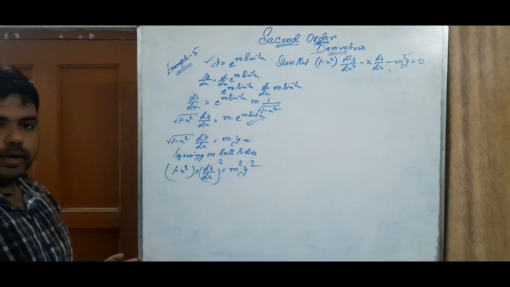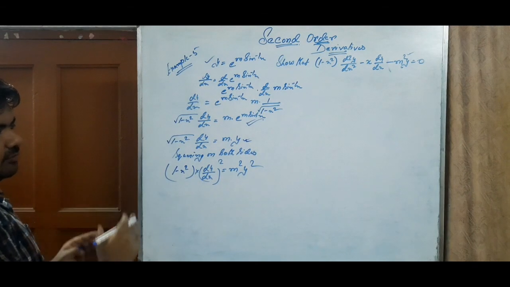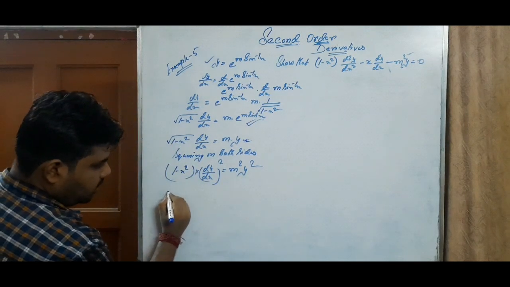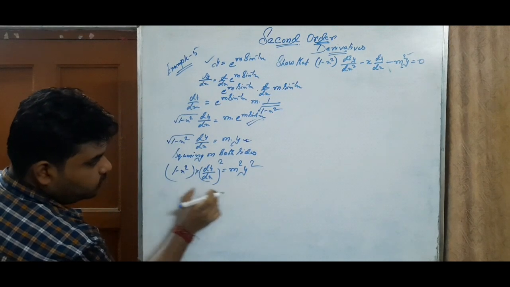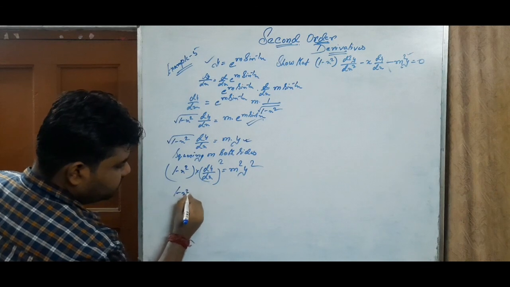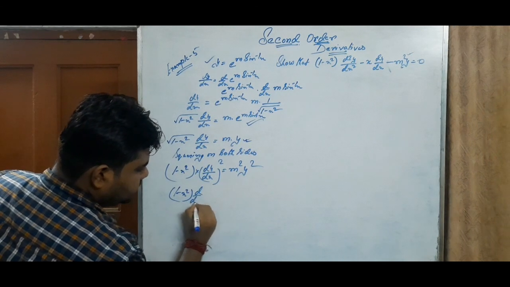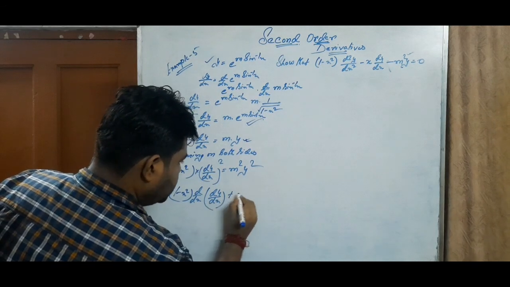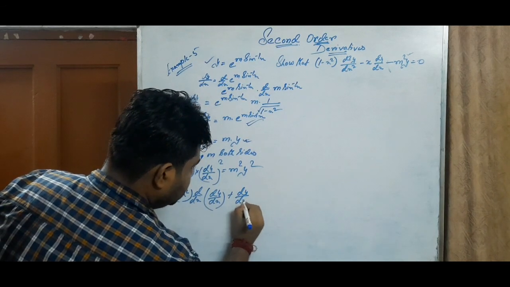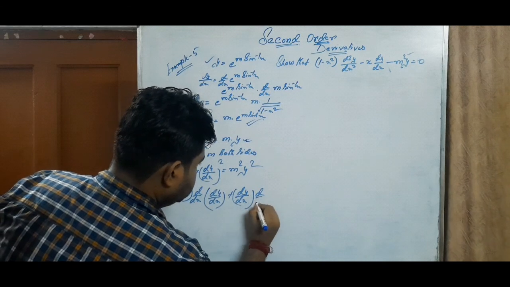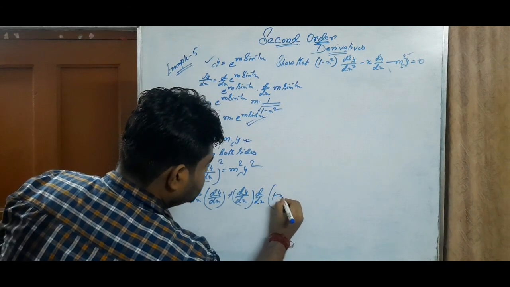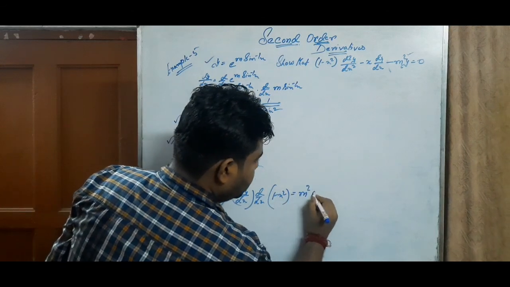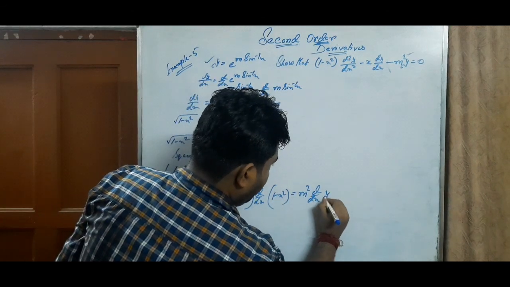Now we will find the derivative of both sides. This is product rule uv, that is 1 minus x square d/dx of dy/dx plus dy/dx into d/dx of 1 minus x square, equals m square d/dx of y square.